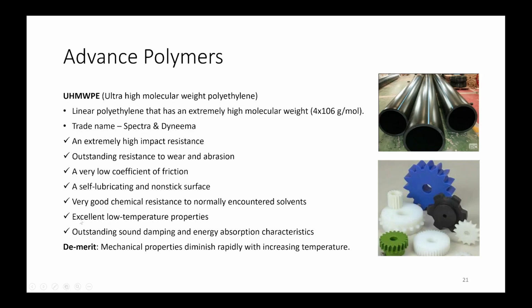It also performs excellently at low temperatures and has outstanding sound damping and energy absorption characteristics. Most of these characteristics are required in making gears. One demerit these show is that mechanical properties diminish rapidly with increasing temperature. So these are not used at higher temperatures.